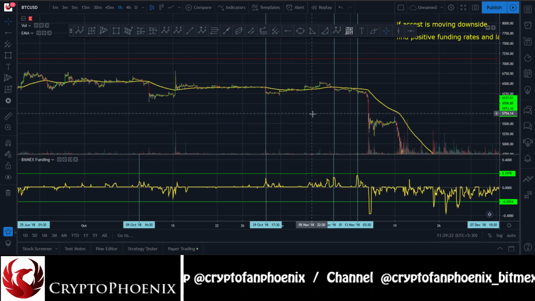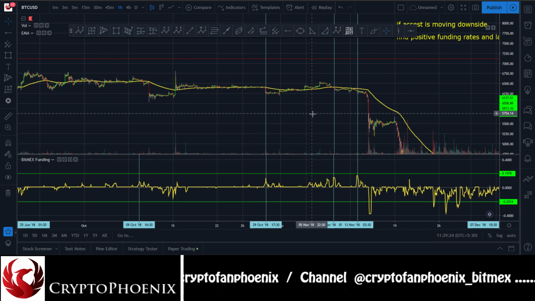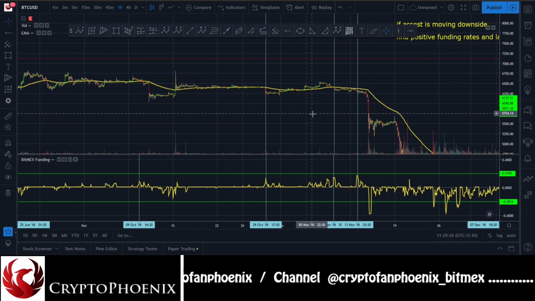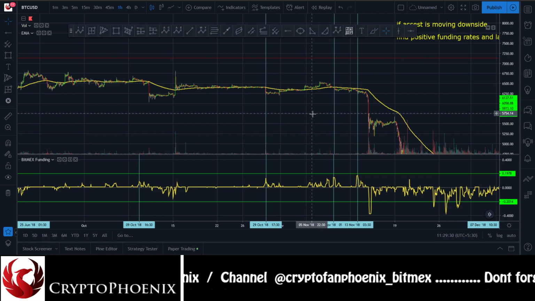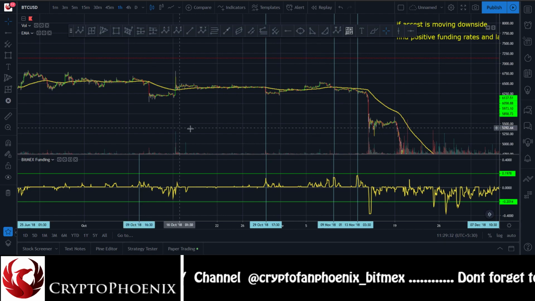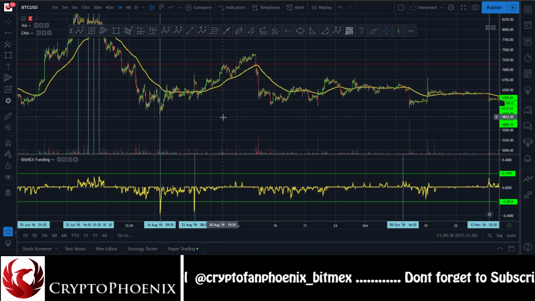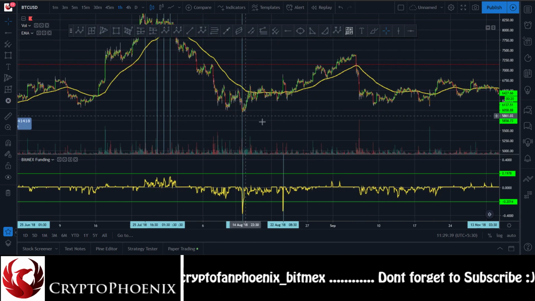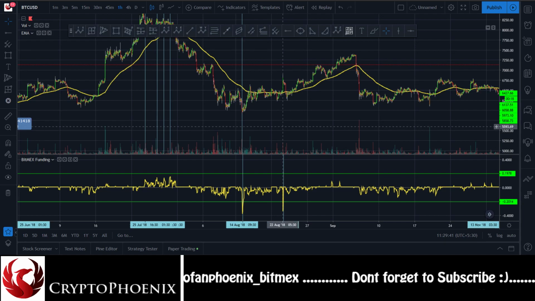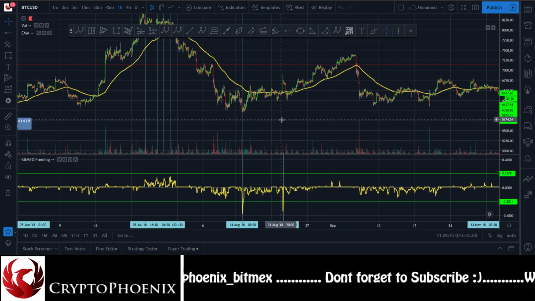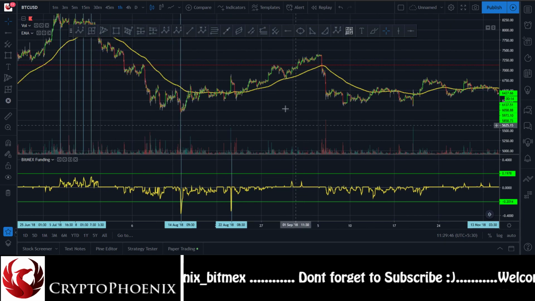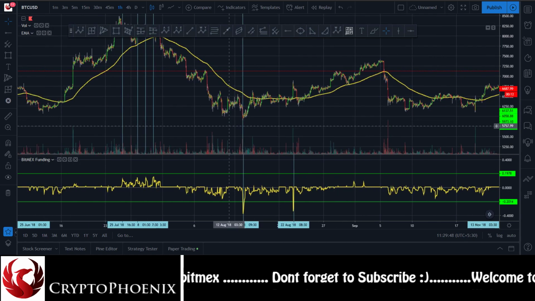So it's not necessary that you use 200 EMA for finding the trend. You can also use 100 moving average. I think 100 moving average will give you an early signal, but I just tried with 55 EMA, 100 EMA, 200 EMA, and 200 EMA actually works fine.